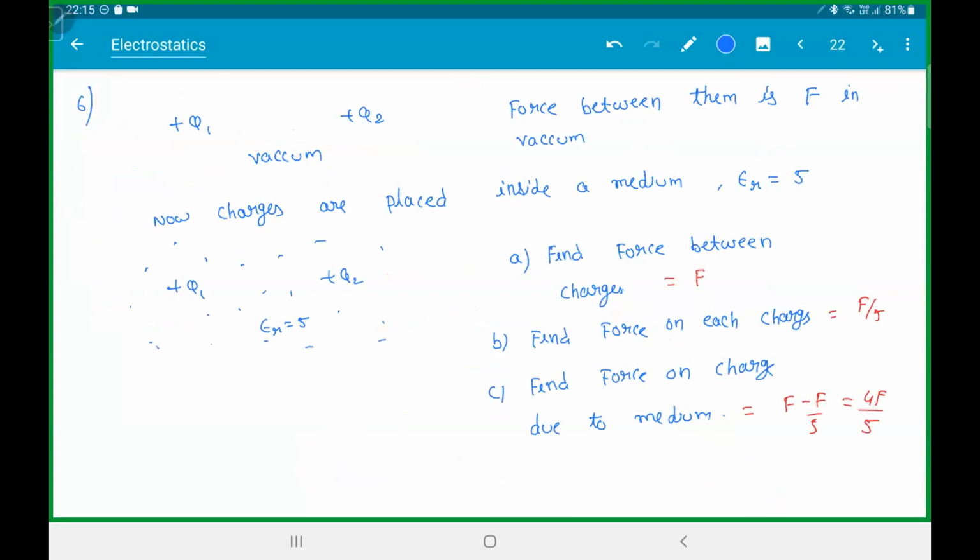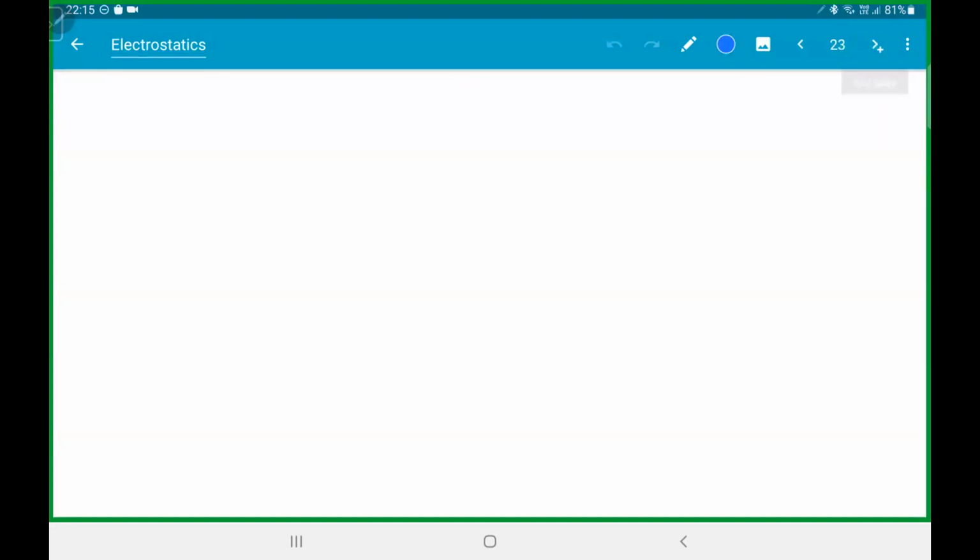Okay, let's see one more question. Last one for the lecture. We got a square here, plus q, minus q.